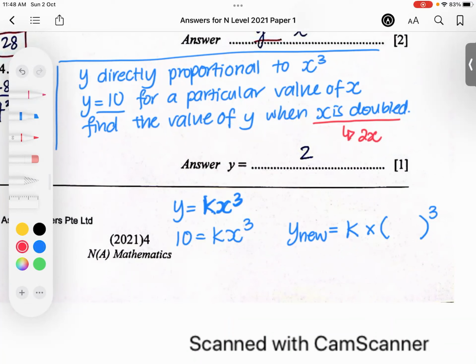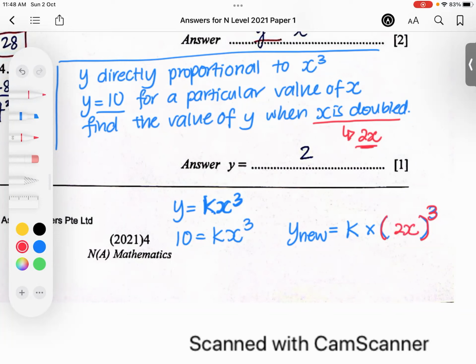This pair of brackets here is important, because whatever value that you put inside, you need to cube it as well. So y equals k times (x) cubed. We know that x has changed to 2x.